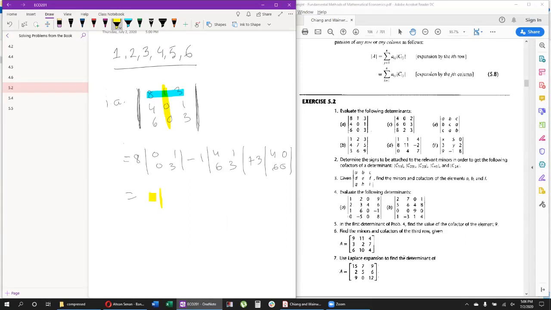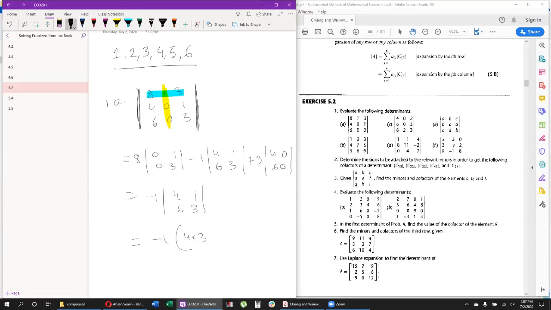So we start with minus 1, and what we have is the determinant of 4, 1, 6, 3, and then we have nothing because all the other elements are effectively 0. So we don't really need to worry about them.